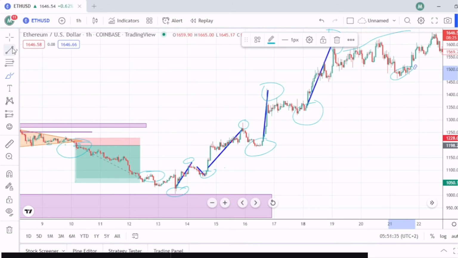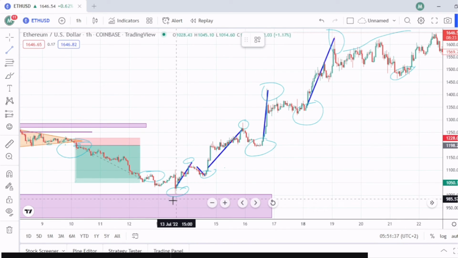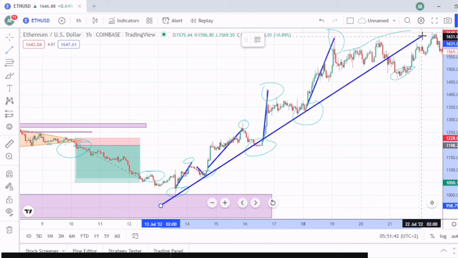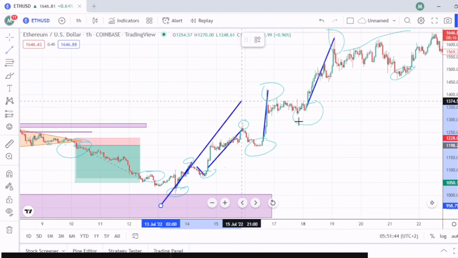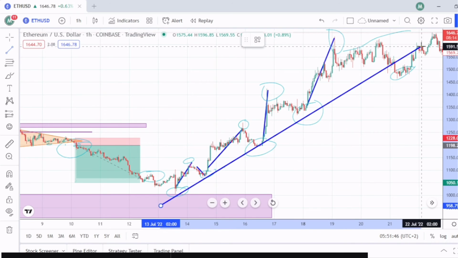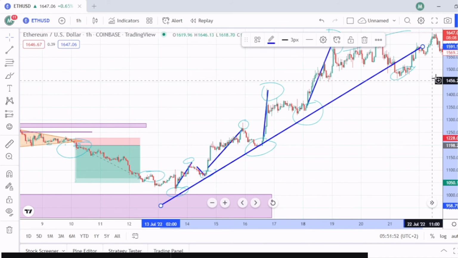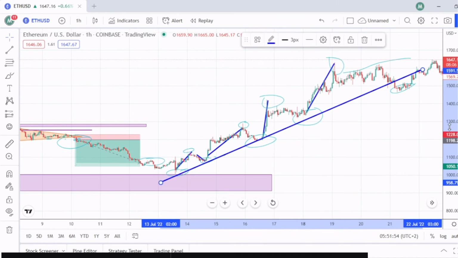So you can see, if we were to plot a trend line, you have something like this. You have that move to the upside like that, and with these higher lows that are being made.